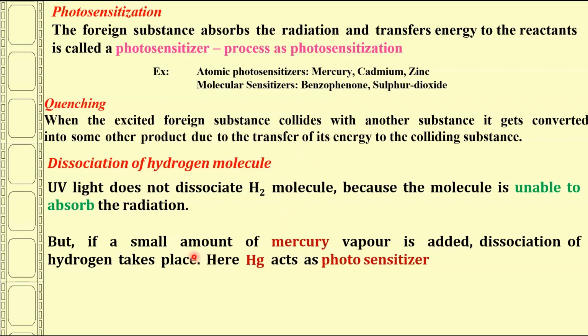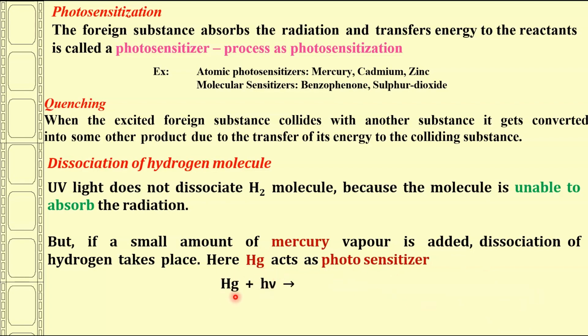We add a small amount of mercuric vapors into the hydrogen gas, and mercury which is added helps in dissociation of the hydrogen. The mercury here acts as a photosensitizer.